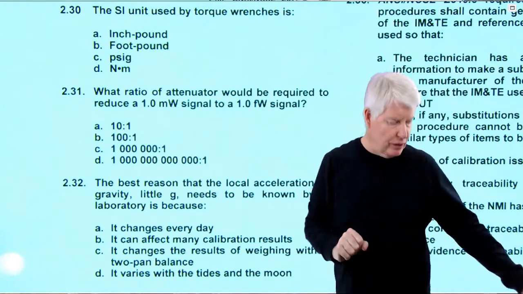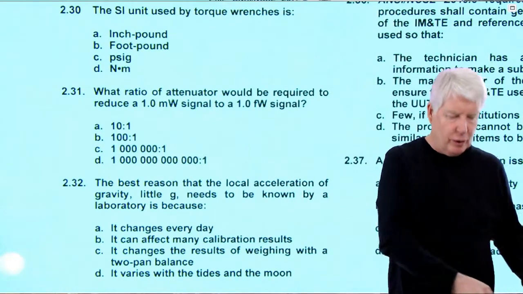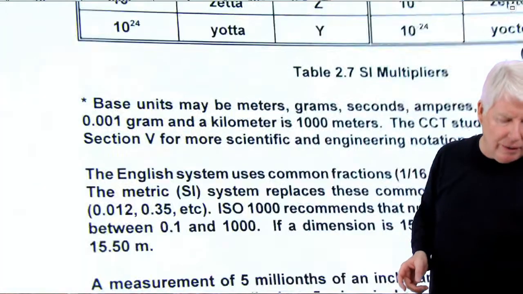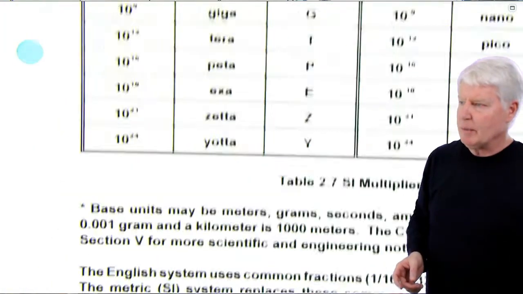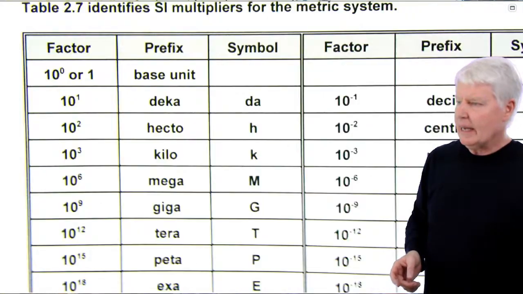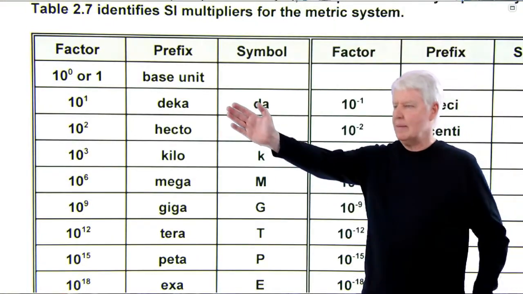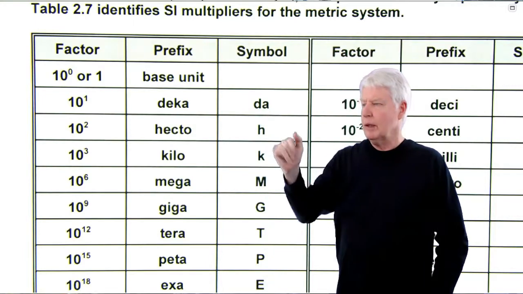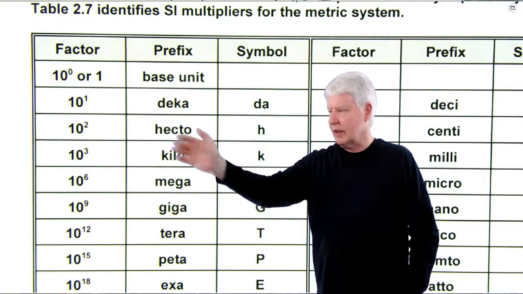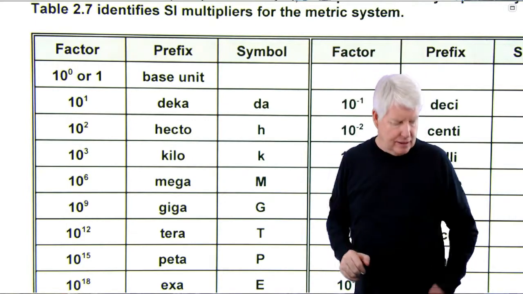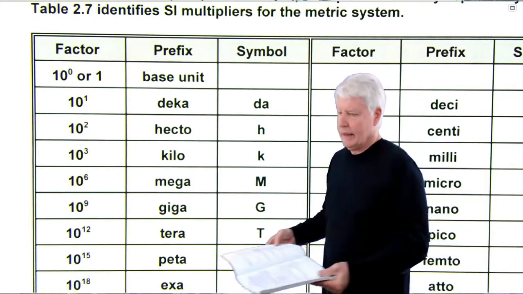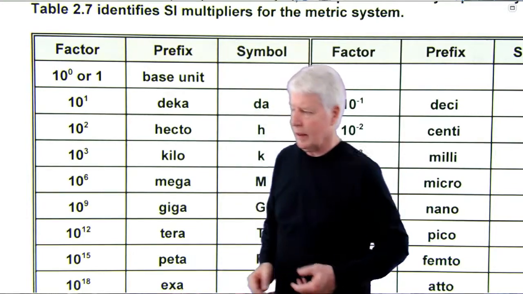So what I'm going to do is get the page out of the primer, which you should be pretty comfortable with now, or at least getting comfortable with it. It's 2.7 multipliers, and it has all these names of the numbers, deca, symbol DA, 10 to the 1, hecto, 10 to the 2, of course you know kilo, 10 to the 3rd, etc. You're going to be using that quite a bit in the test, so be sure and get comfortable with it.